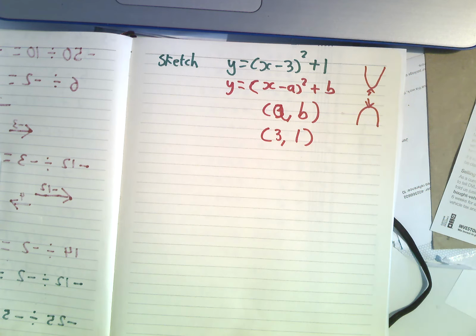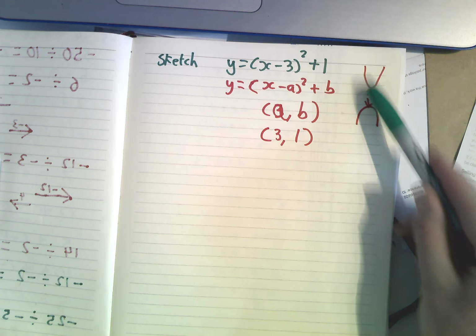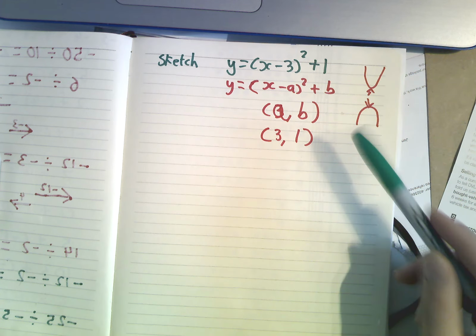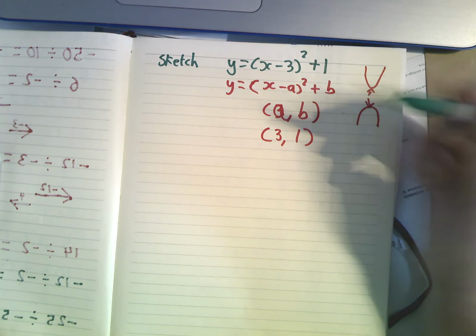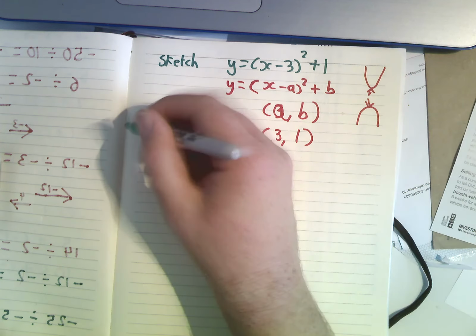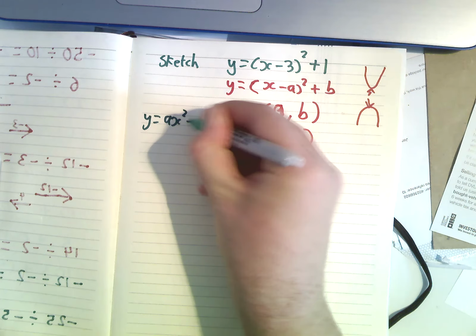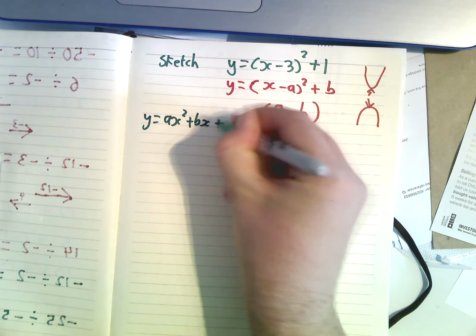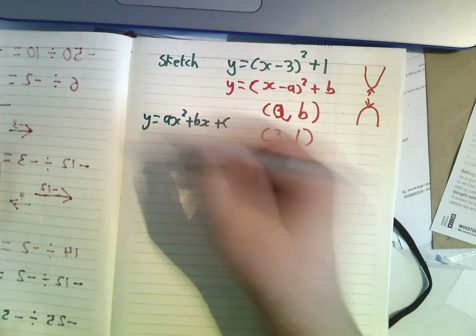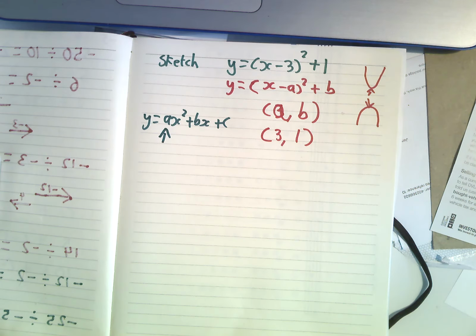So we've been asked to sketch this. So we should probably make sure we know whether it's a U shape or whether it's going to be an N shape. And again, if you recall, that is decided by, if we've got the graph in the form y equals ax squared plus bx plus c, it's actually the a that determines whether it's a U shape or an N shape.